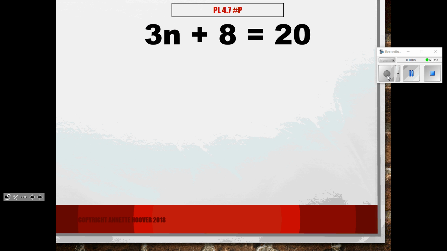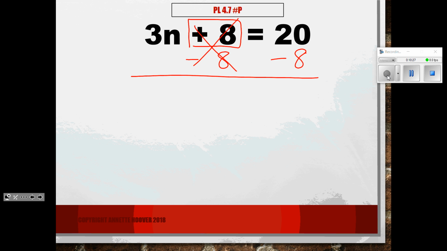If you're doing Punchline 4.7, this is number P, letter P, two-step equation. Locate the variable. You're going to move what's not attached to it first, what's being added or subtracted, so we're going to subtract 8 on both sides of the equation first. The 8's cancel out, and on the left side you're left with 3n, and on the right side you're left with 12.